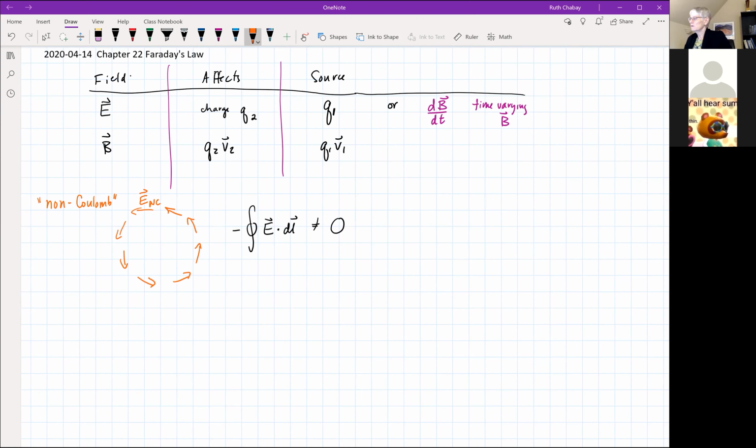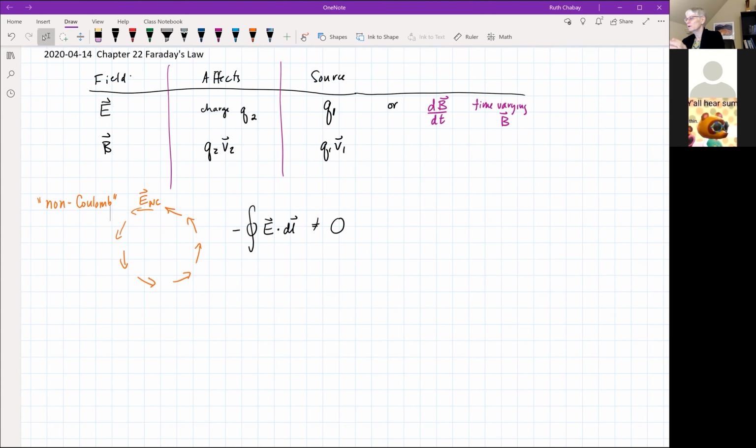Now, does this violate conservation of energy? It doesn't, because we are having to put energy into the system to make this curly electric field. We either had to put energy in to move the magnet, or we had to put energy in to run the current in the coil and change the magnitude and direction of the current in the coil.